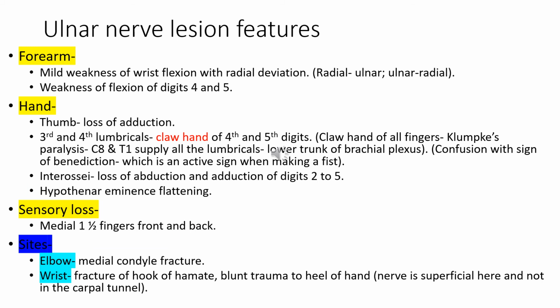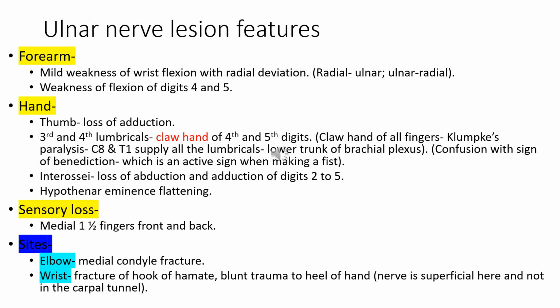Ulnar nerve lesion features. Ulnar nerve is primarily a nerve of the hand, but it gives some supply to the forearm also. First, let us focus on the forearm. Now, because of affection of the forearm flexors, that is the flexor carpi ulnaris and the ulnar part of the flexor digitorum profundus, there will be mild weakness of wrist flexion, and when the wrist is flexed, there will be a radial deviation.